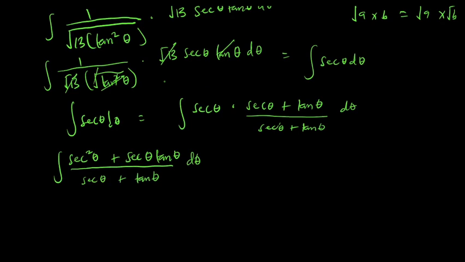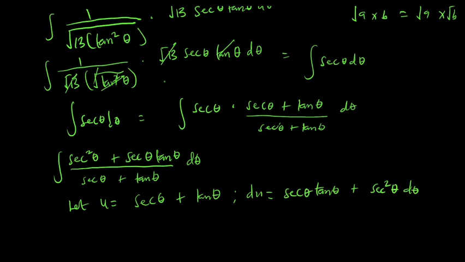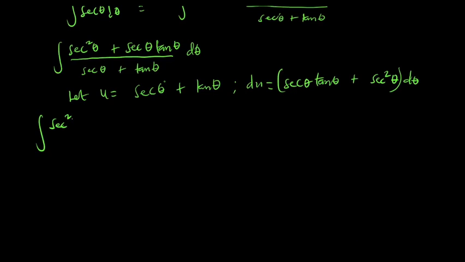So I'm going to use u-substitution for this. I'll say let u equal sec theta plus tan theta, so that du equals sec theta tan theta plus sec squared theta d theta, right? So we have the integral of sec squared theta plus sec theta tan theta over u multiplied by d theta.